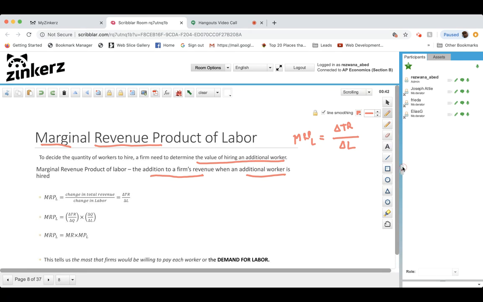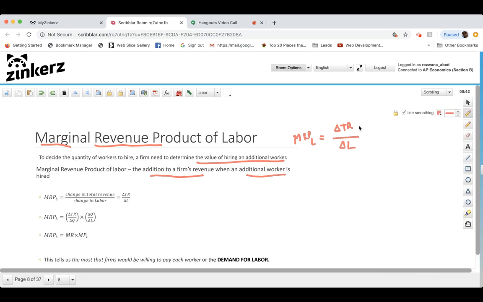Okay, it's as simple as that. So how much does my total revenue change when I hire an additional worker? Or how much additional revenue is the next worker going to bring to my firm?